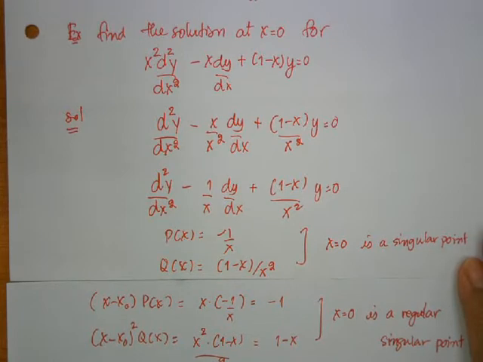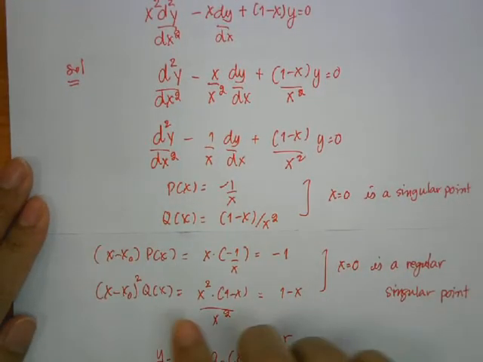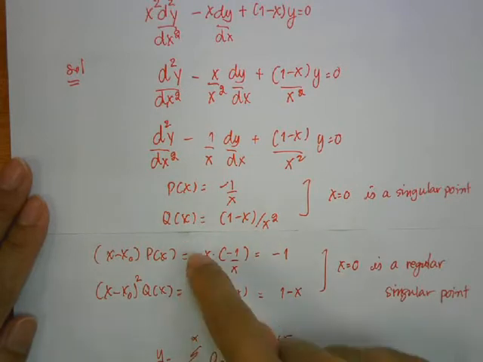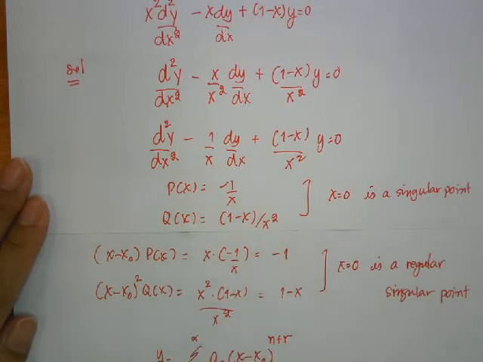So the next step is to find whether it is a regular or irregular singular point by finding the value of (x minus x0) p(x) and (x minus x0) squared q(x). If you plug x equal to 0 in there, and if both functions are not analytic, that means it is an irregular singular point.